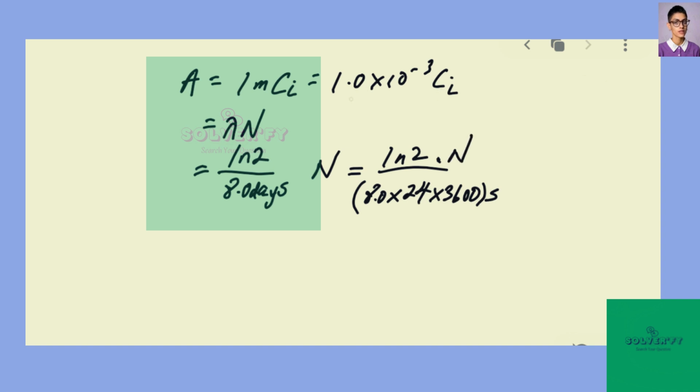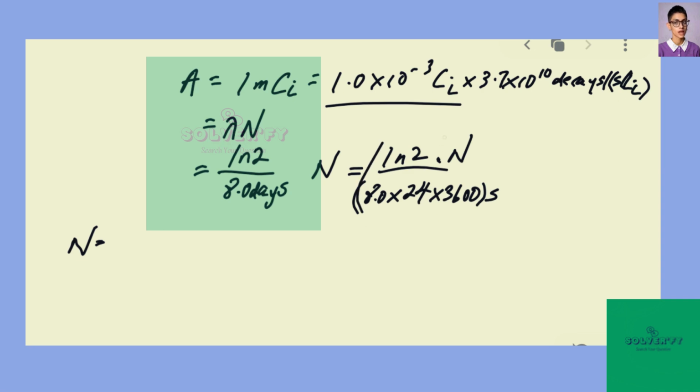Now we just need to convert our activity from curies to decays per second by multiplying by 3.7 times 10 to the power 10 decays per second per curie. So we can finally find our number of nuclides by bringing the entire expression over to the activity, dividing it over.